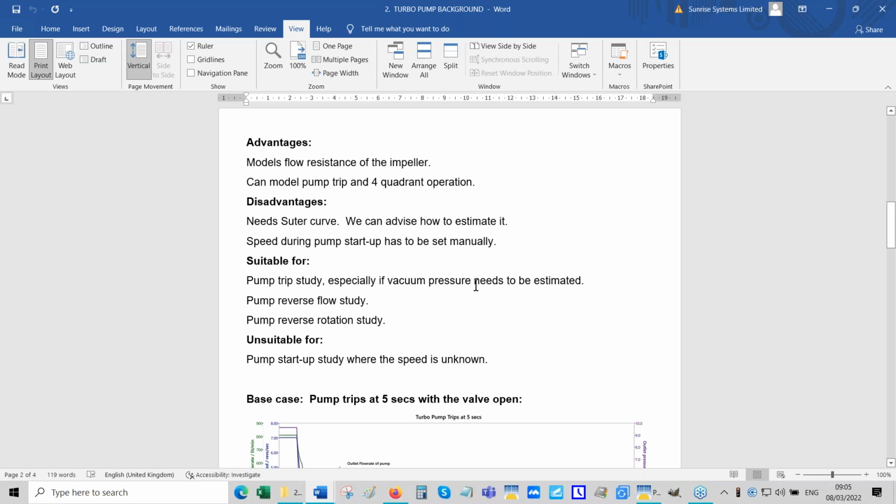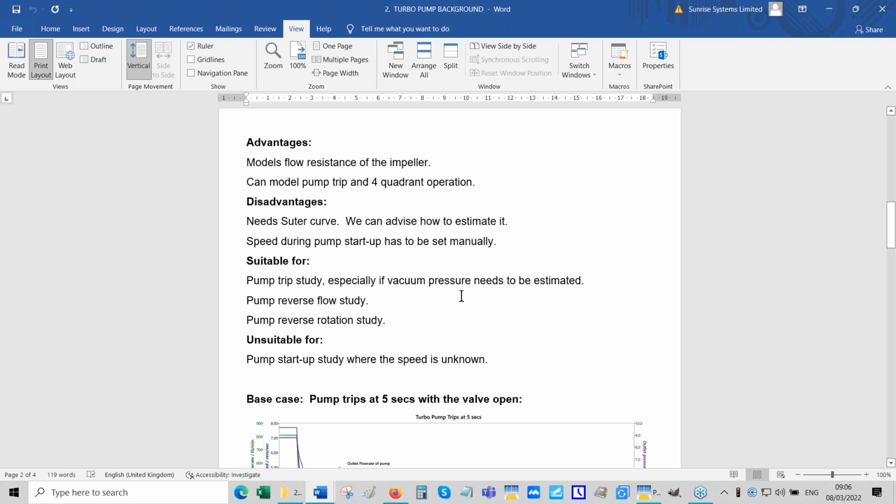Not just estimated. Of course, PIPENET is not only about calculating pressure, it is about finding solutions to eliminate this vacuum. And the most common way is to add vacuum breakers. That's not the only solution.